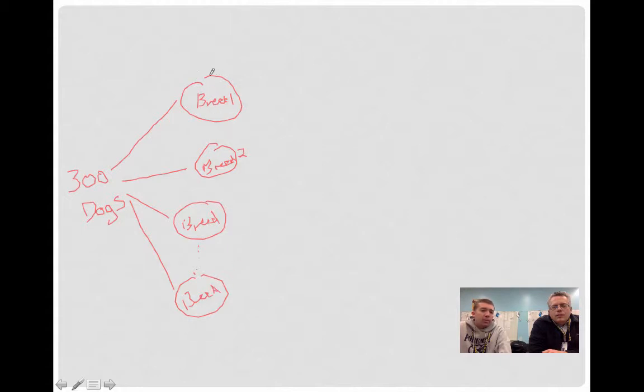Okay, so on each one of these, let's just focus on breed 1 right now. Here's where the random assignment would come in. It's definitely not random assignment to the blocks. That's due to something we know about breed. But within the breed, we'd want to randomly assign some to a treatment group and some to a placebo group.